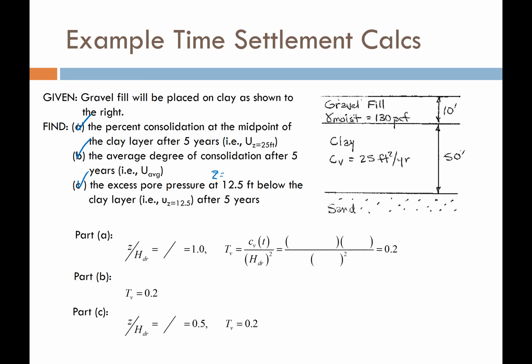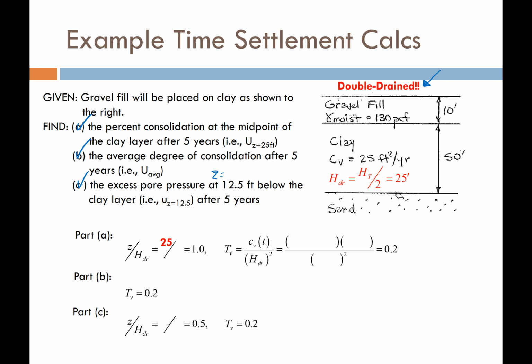If my clay is 50 feet thick, Z is going to be 25 feet. Let's point out too, this is a double drain system. If it's double drained, that means that HDR is going to equal half the total thickness of my clay layer, because that means that a point in the middle of the clay would have the longest drainage path out of the clay.